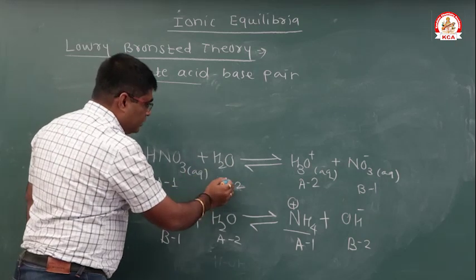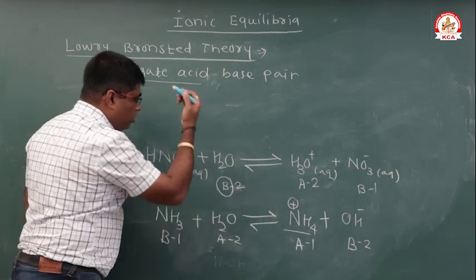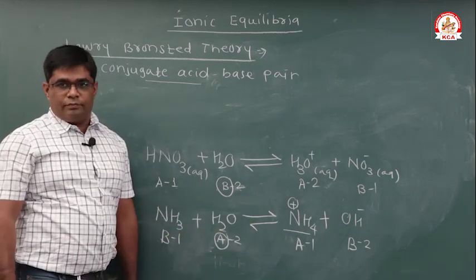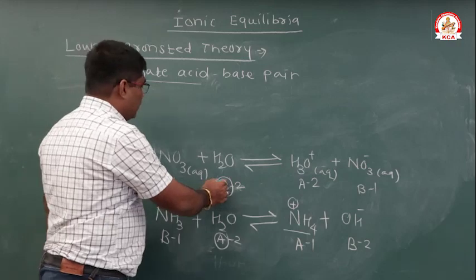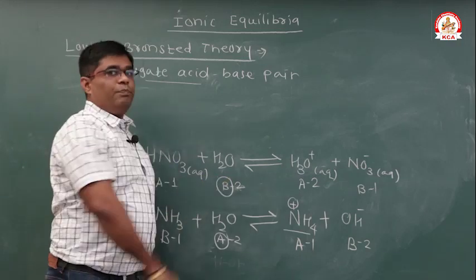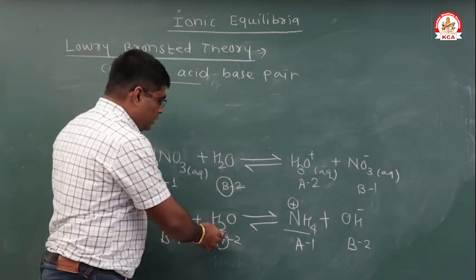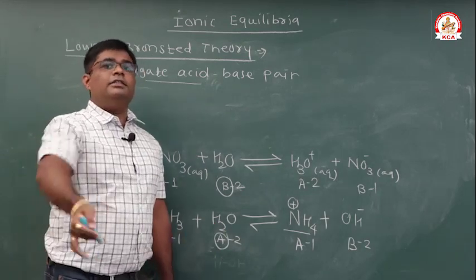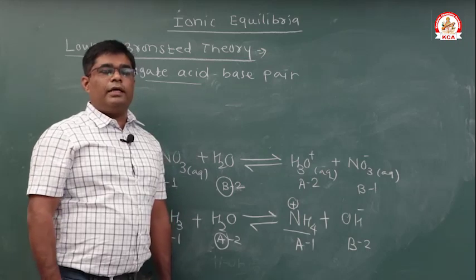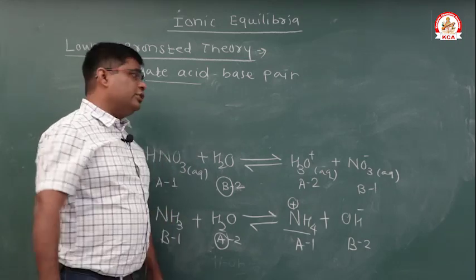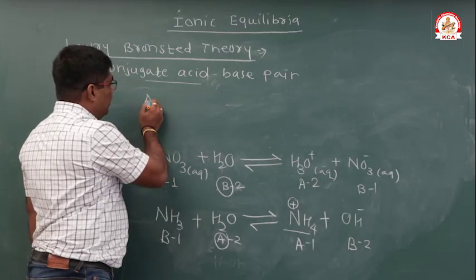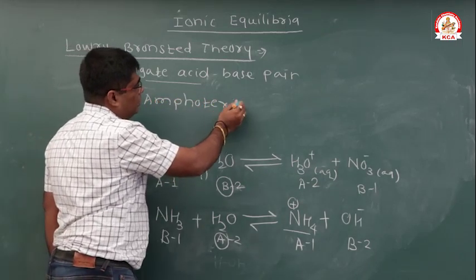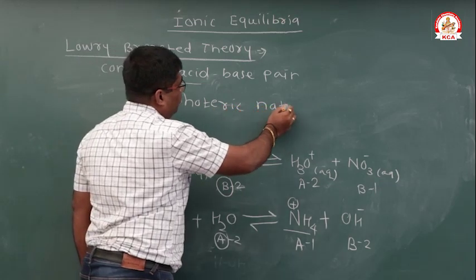In the first case, water acts as a base, and in the second case, water acts as an acid. पहिल्या केस मध्ये वॉटर बेस म्हणून बिहेवियर करतोय आणि सेकंड केस मध्ये वॉटर ऍसिड. म्हणजे water acts as an acid as well as a base, and this dual nature of water is known as the amphoteric nature.